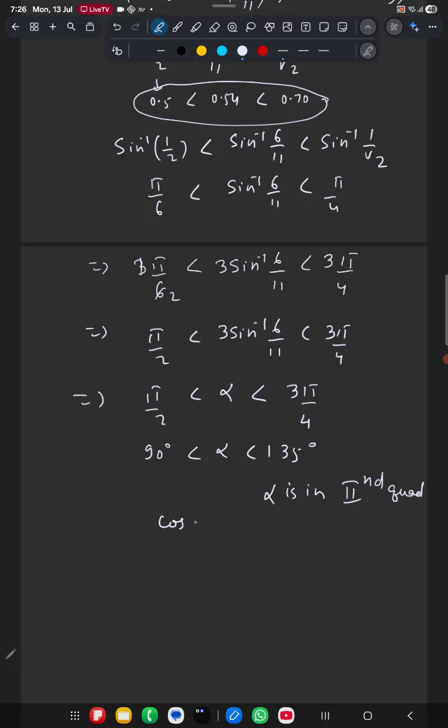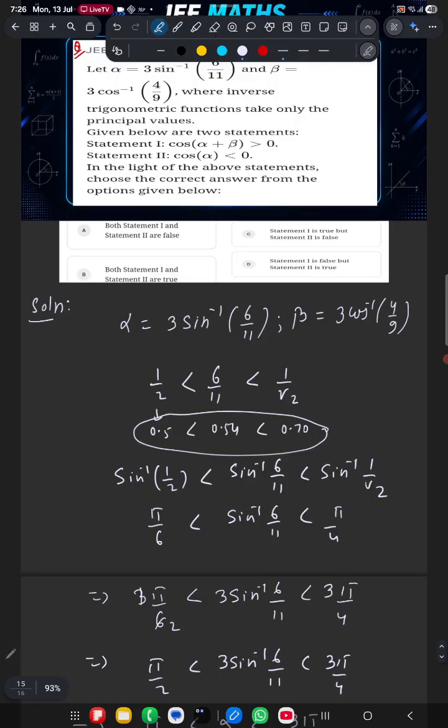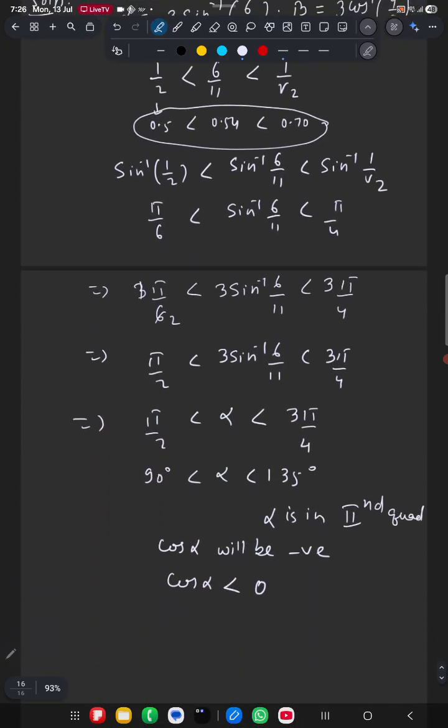So cos alpha will be negative, that means cos alpha is less than 0. Which statement was this? Statement 2 is correct. One thing we have got.